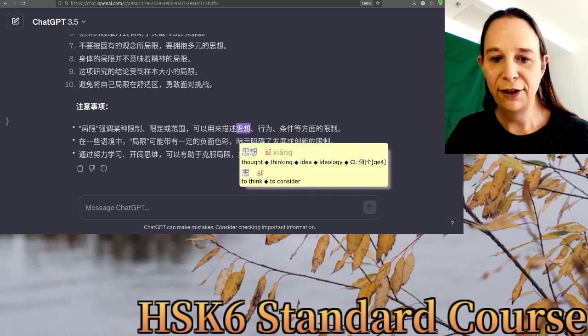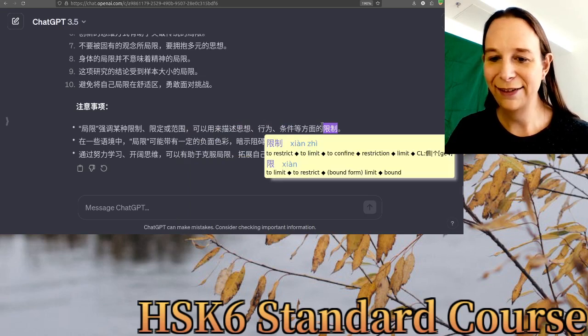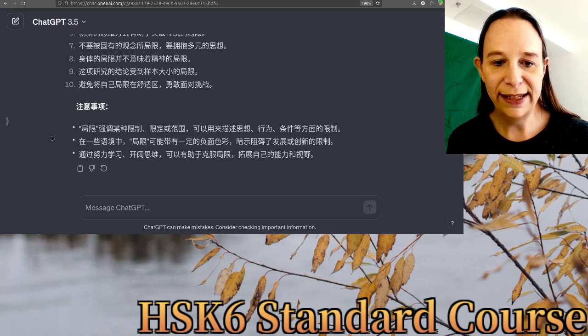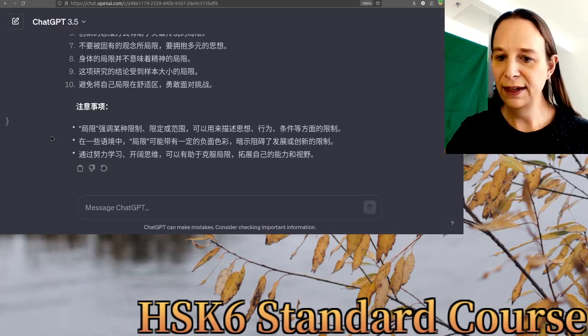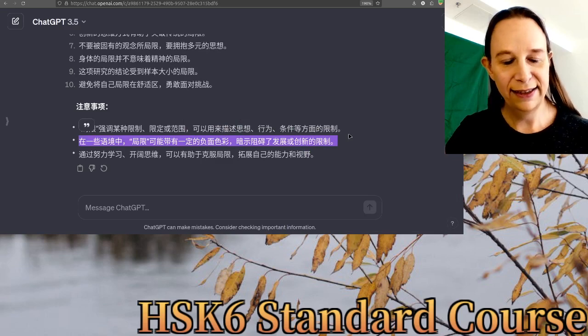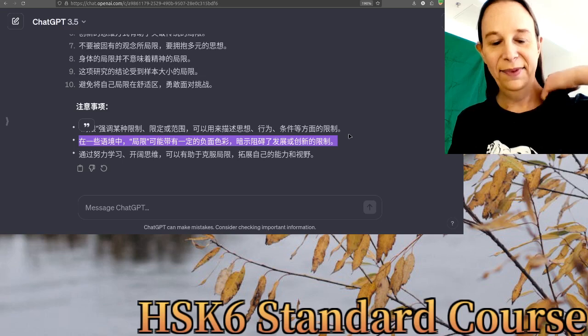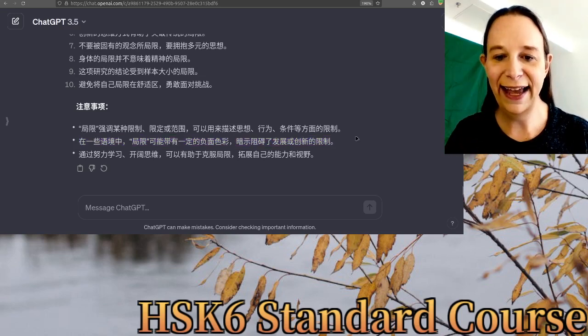Okay, so thought, behavior, conditional constrictions, confinements. 在一些语境中，局限可以带有一定的负面色彩，暗示阻碍了发展或创新的限制. All right, so in certain circumstances, 局限 carries negative connotations, hinting at obstacles placed for innovation or development.